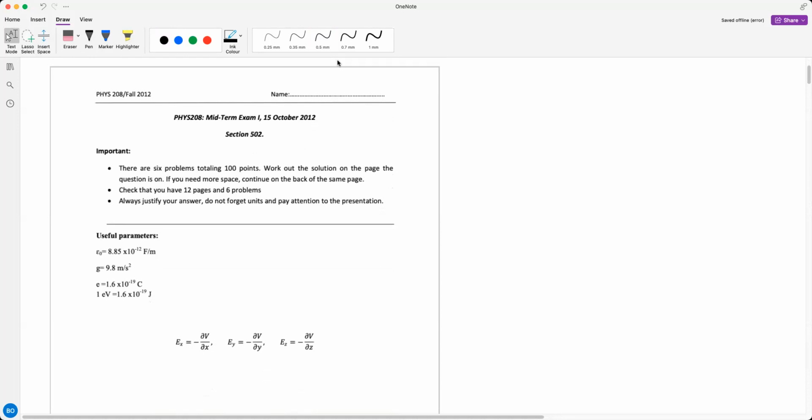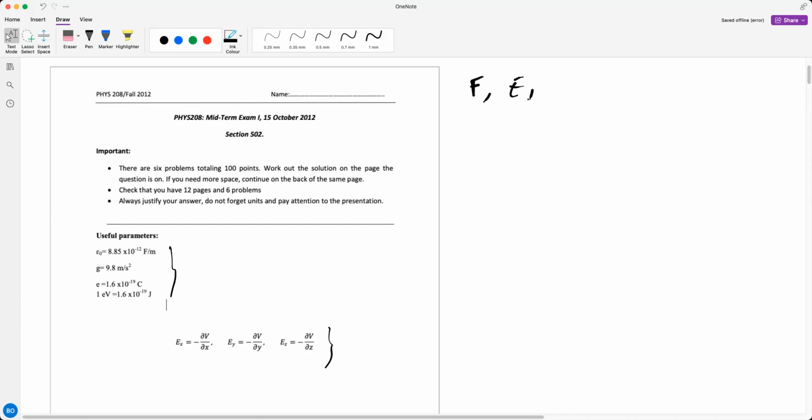For example, in this exam, we have 6 problems, 100 points, there are 12 pages, and then we have these formulas. As you can see, the formulas about the electric field and the Coulomb force are not given, because you are supposed to know them.